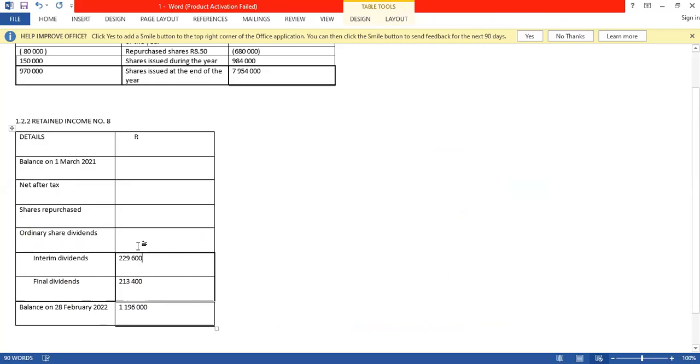Okay, now that we have interim dividends and final dividends, in order for us to find the ordinary share dividends for the year, we are simply going to say 229,600 plus 213,400. Let me share my calculator.